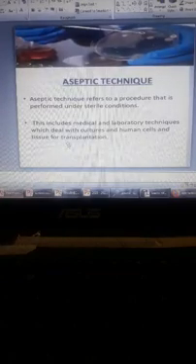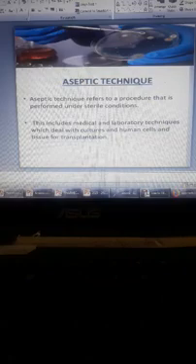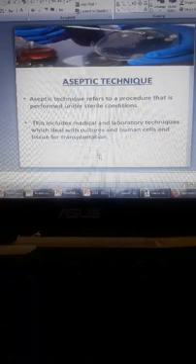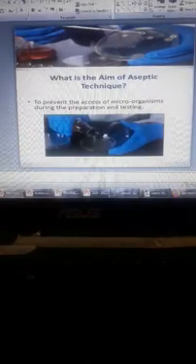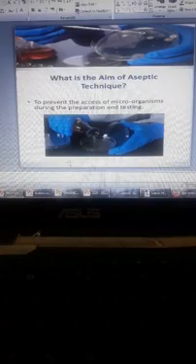So the aseptic technique used in the lab refers to procedures performed under sterile conditions, free of pathogens, free of microorganisms. This includes medical laboratory techniques which deal with culture and human cells and tissue transplantation. Okay, so what is the aim of aseptic? To prevent access of microbes or microorganisms during the preparation and testing.